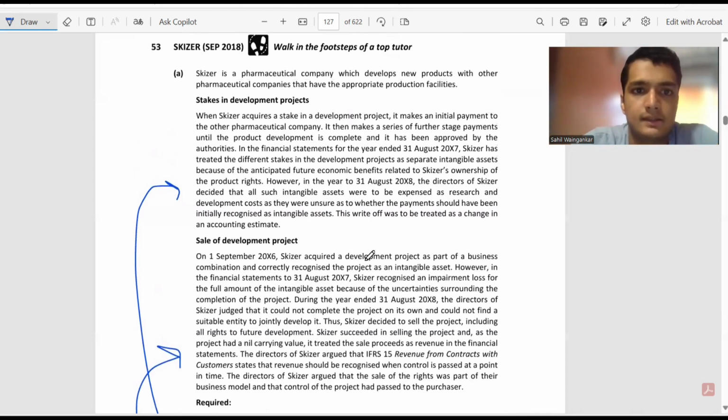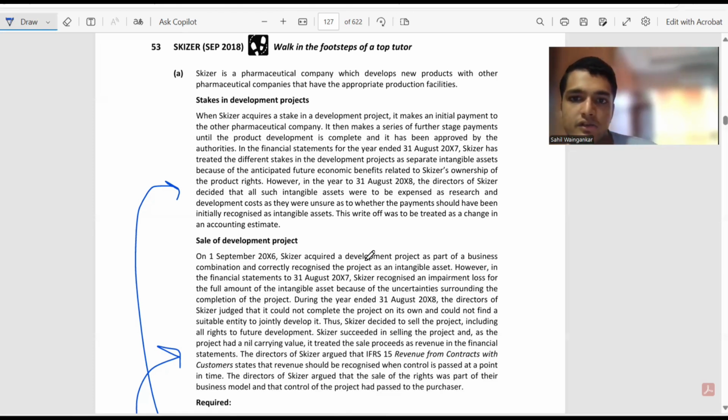Skizer is a pharmaceutical company which develops new products with other pharmaceutical companies that have the appropriate production facilities. Stakes in development project. When Skizer acquires a stake in a development project, it makes an initial payment to the other pharmaceutical company.